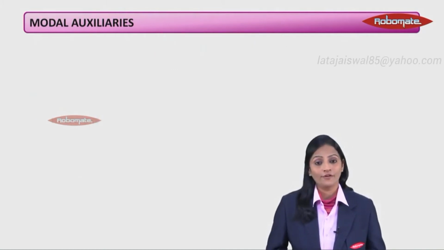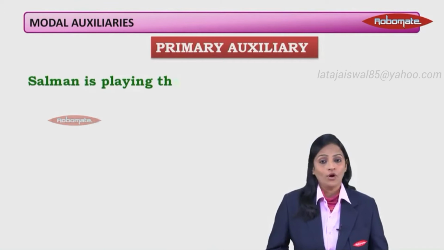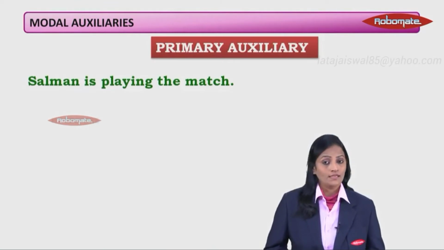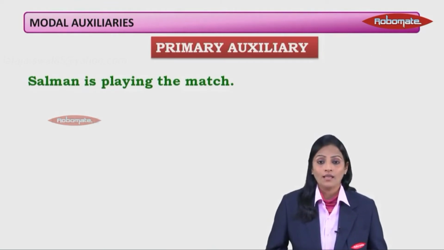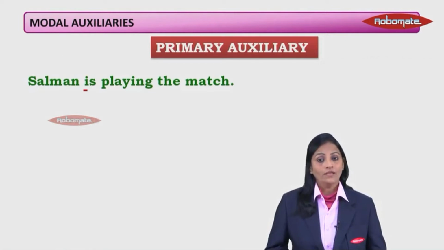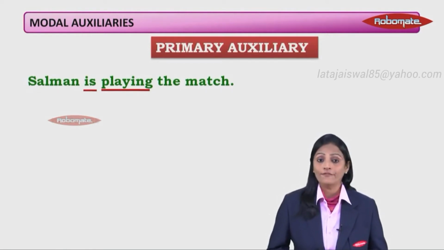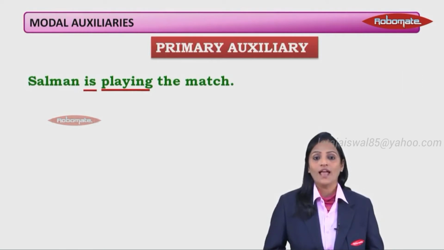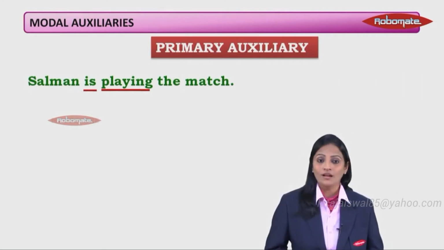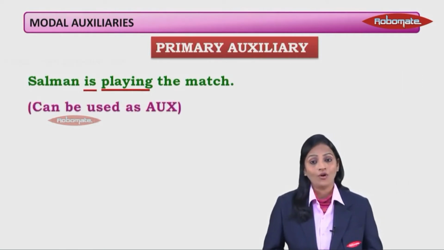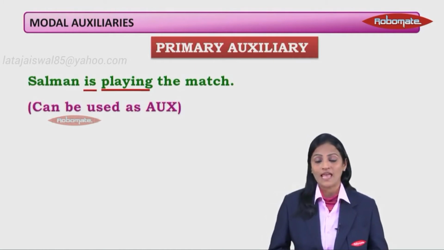Let's understand the difference. A primary auxiliary, student, let's see this sentence. Salman is playing the match. Now, in this case, again, two verbs, is playing. We know that the first verb is an auxiliary verb. So, here is an auxiliary. It is used as an auxiliary.